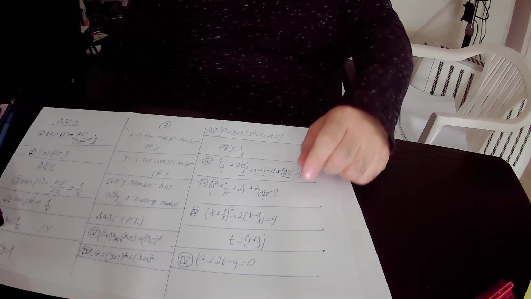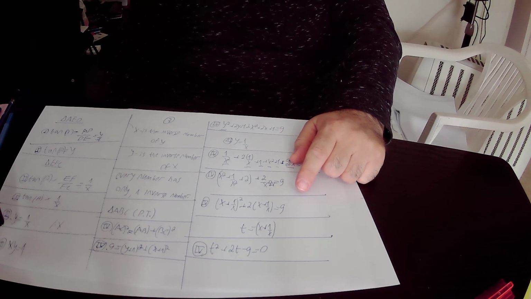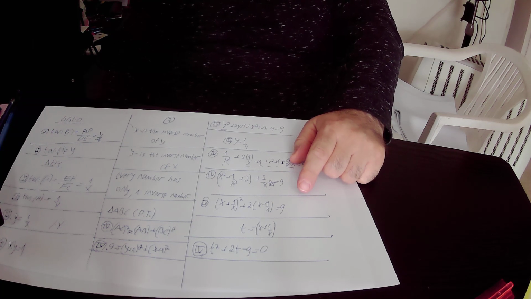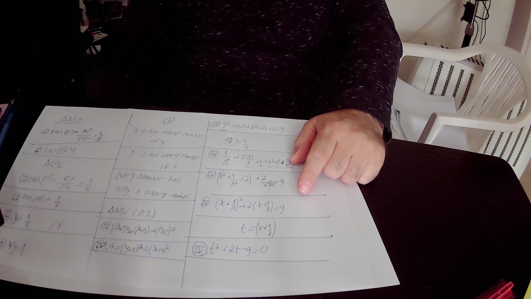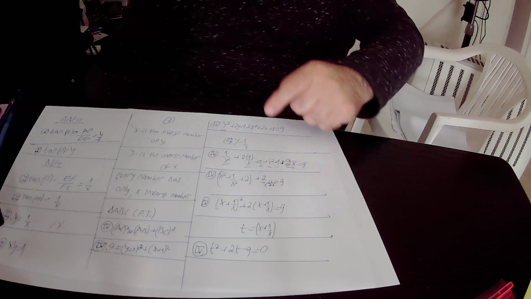And here we defined t as x plus 1 over x, that is to say t equals x plus 1 over x according to our definition. And what does it mean? It means that we can substitute x plus 1 over x in equation number 4 by t.